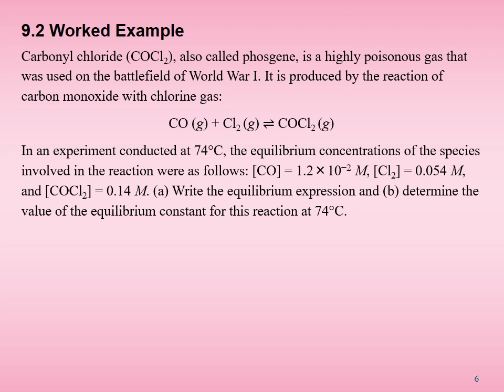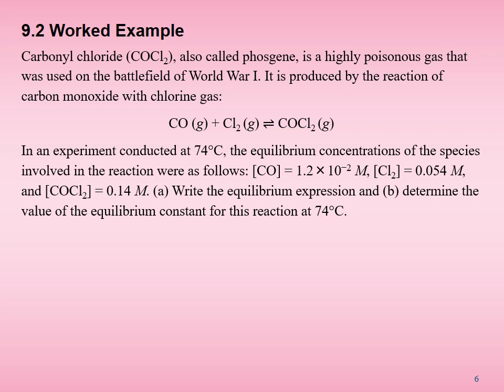In an experiment conducted at 74 degrees Celsius, the equilibrium concentration of carbon monoxide was 1.2 times 10 to the power of negative 2 molar. The equilibrium concentration for molecular chlorine was 0.054 molar, and the equilibrium concentration for phosgene was 0.14 molar.